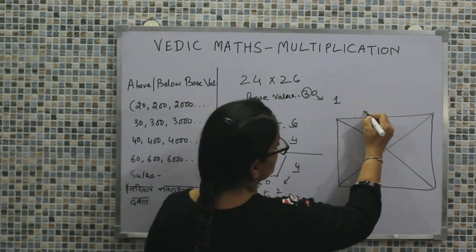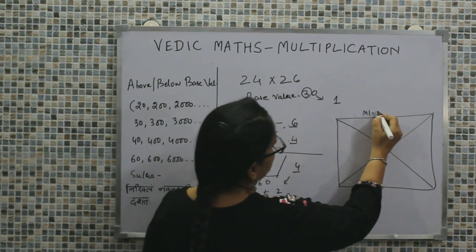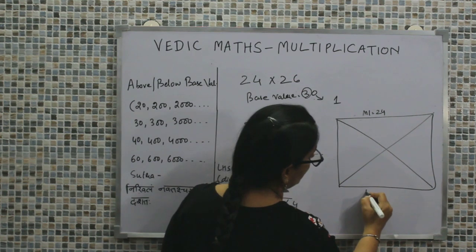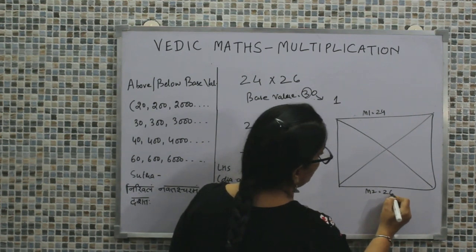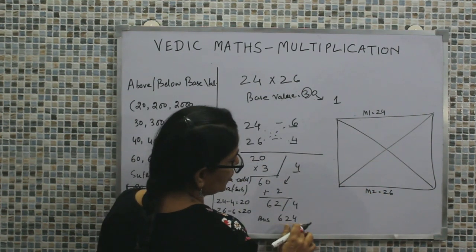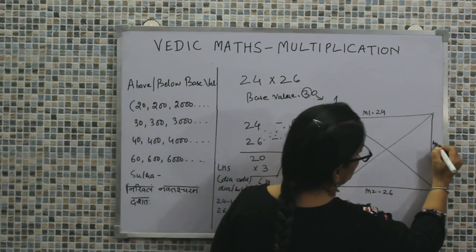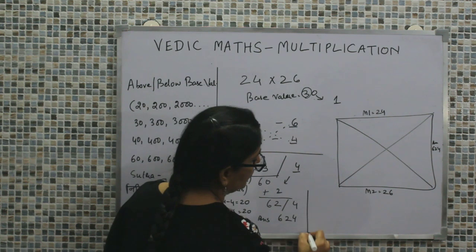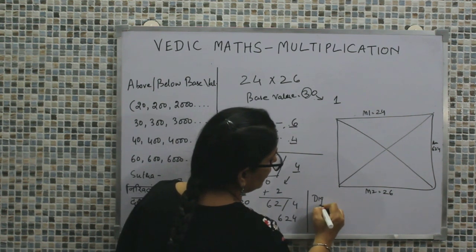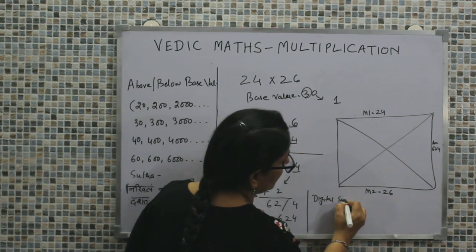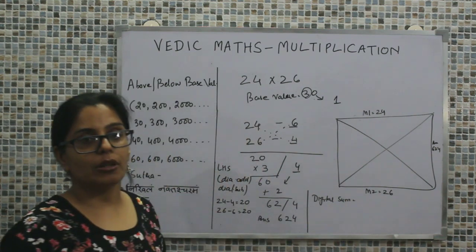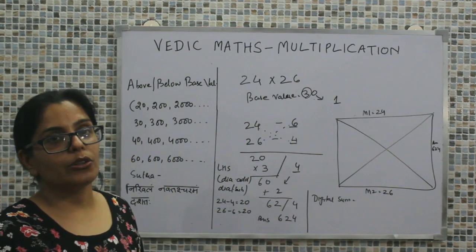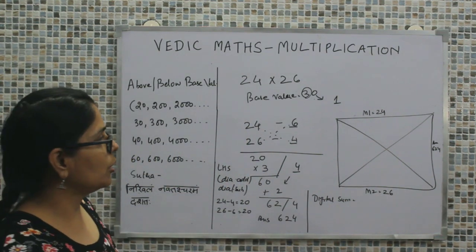Here the first multiplier is 24, the second multiplier is 26, and the answer which comes out is 624. Let's solve it out. We need to find the digital sum. And what is digital sum? Digital sum is the addition of all the digits of that particular number.